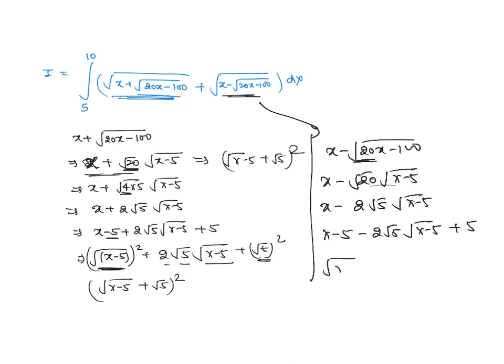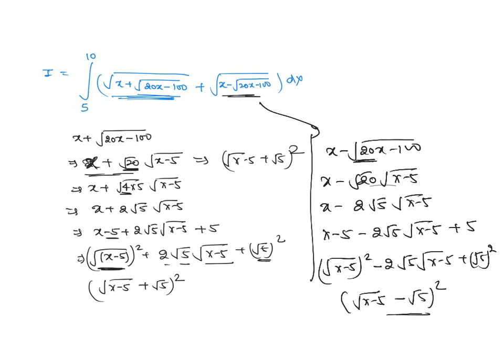So this we can write as root over x minus 5 whole square minus 2 into root 5 into root over x minus 5 plus root 5 whole square. So this equation we can write as root over x minus 5 minus root 5 whole square.